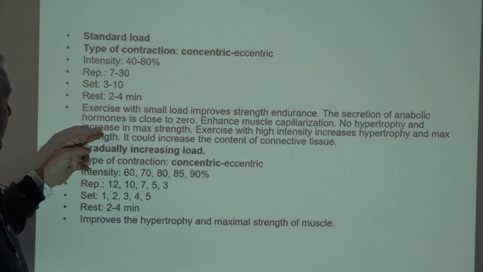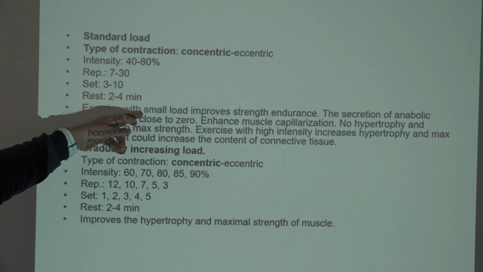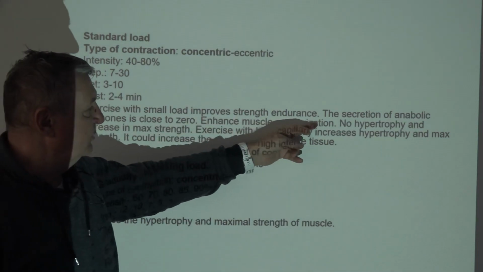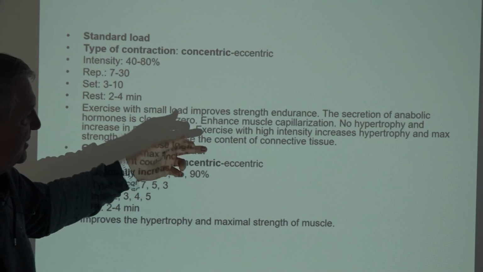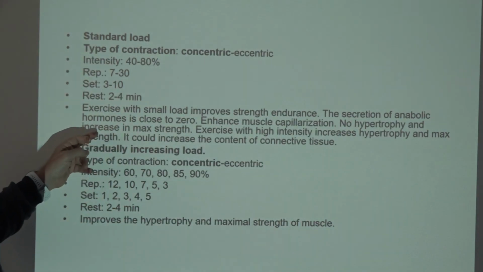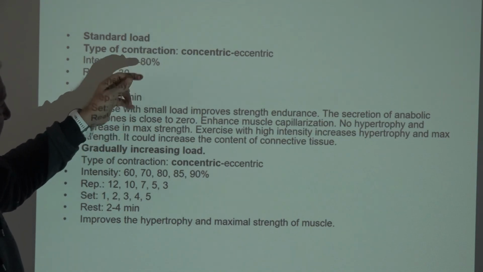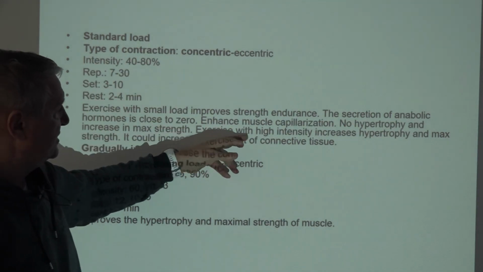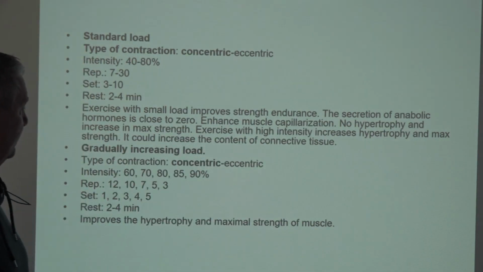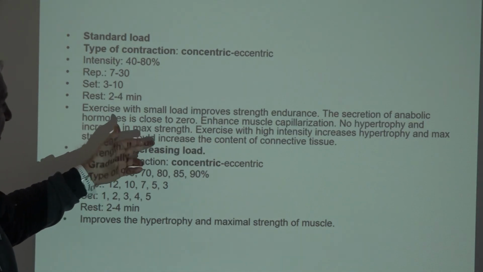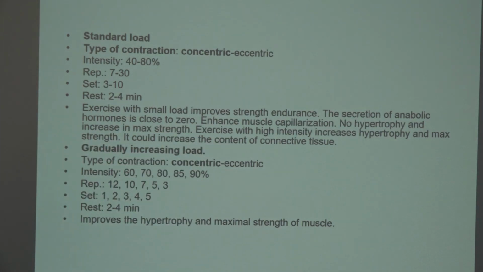The secretion of anabolic hormones is close to zero in case of small load. To enhance muscle capillarization, it is nice. No hypertrophy, no increase in maximal strength. On the other hand, if you use 80% of the load, exercise with high intensity increases hypertrophy and maximal strength. It could increase the content of connective tissue as well.